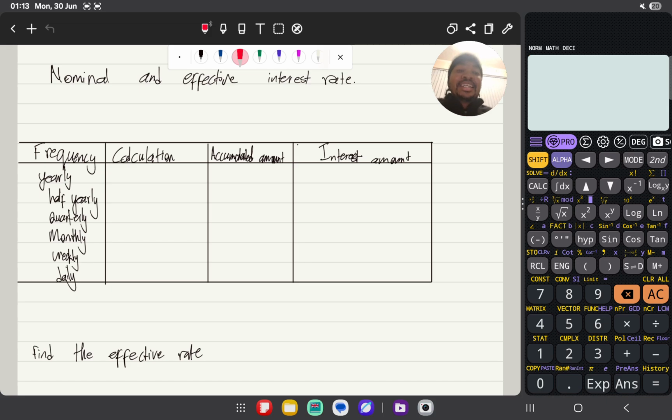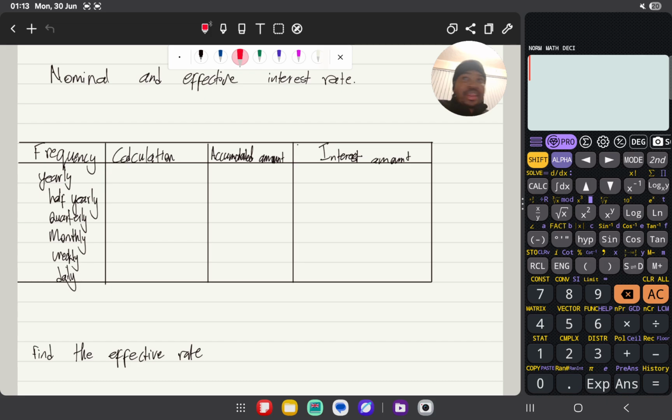But let's work. So, on this video, we're going to talk about the nominal interest rate and the effective interest rate. The idea is very simple. From the questions we have done, especially when dealing with number lines, we came across many interest rates that were compounded monthly, quarterly, half yearly, and so forth.